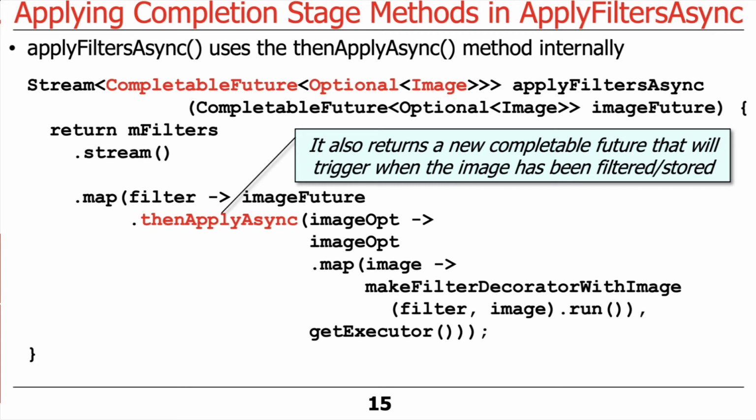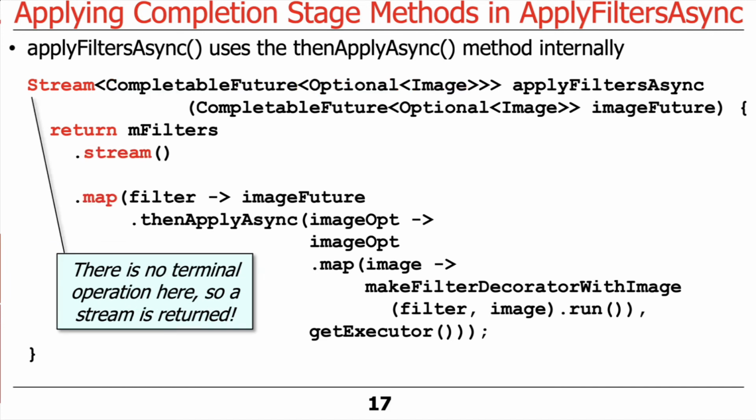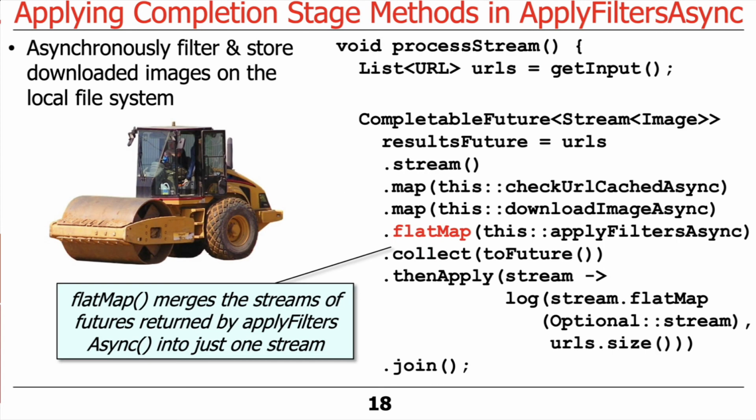So therefore, map will return a stream of completable futures to optional images. And because applyFiltersAsync is called by flatMap, that will then flatten that stream of streams into a single stream. And again, there's no terminal operation here. So a stream is returned, and we rely on flatMap to flatten that stream.